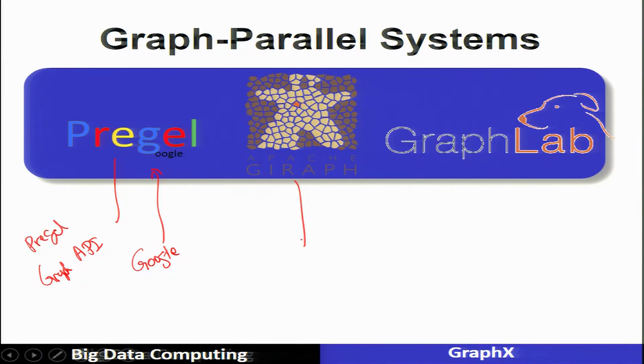Another graph system is called Apache Giraph, and another one is called GraphLab. And we will see that GraphX performs better in all these scenarios. GraphX exposes different APIs to simplify graph computation, that is, the graph parallel computation systems.